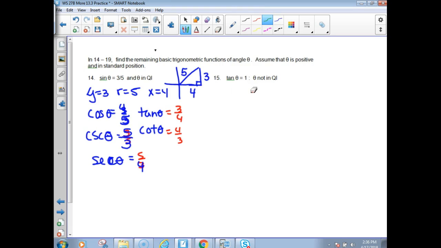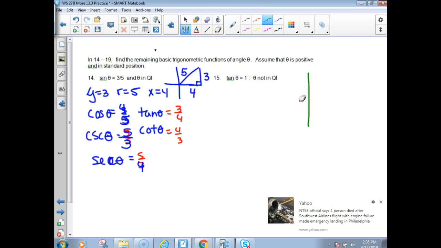Now, what about if tangent's 1 and you're in quadrant 1? You know what to do? If the tangent's 1, it said, oh, not in quadrant 1. Then it has to be in quadrant 3 for it to be positive 1, which means the sine and cosine are negative.